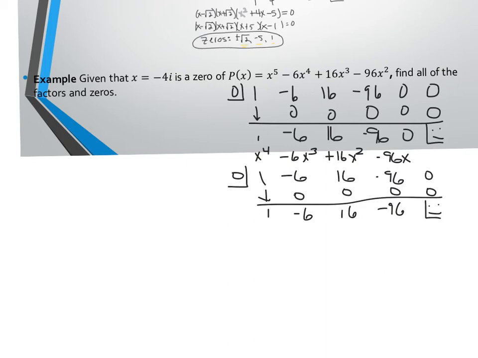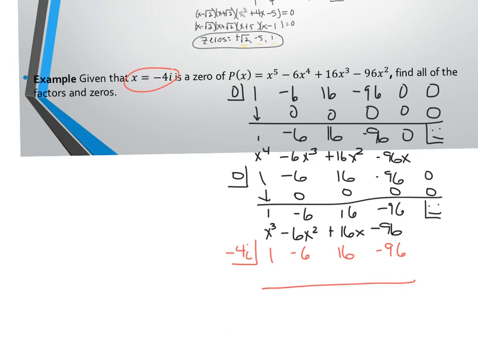Okay, so this now is x cubed minus 6x squared plus 16x minus 96. And we know that we have negative 4i, so we're going to do that one. Okay, now again, you might need to work off to the side, because notice we are going to have some complex numbers.